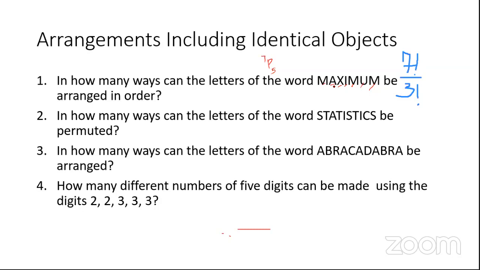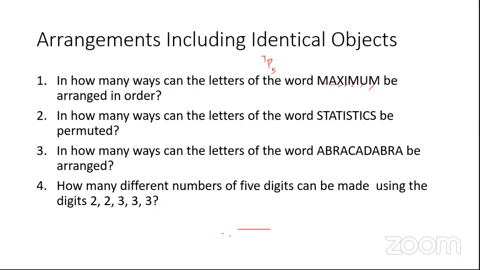Now, when you see such a thing, we are actually arranging all, so it will still be 7 permutation 7. But the letters are the same.